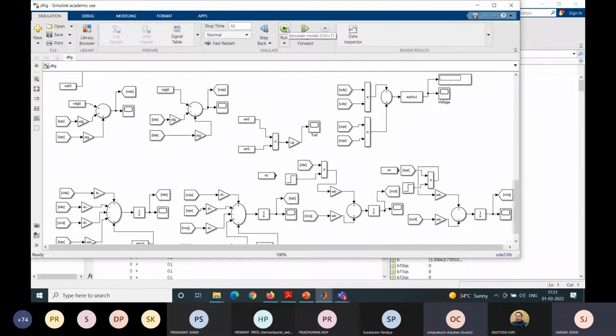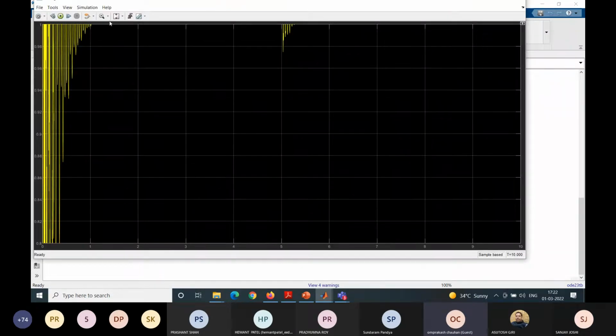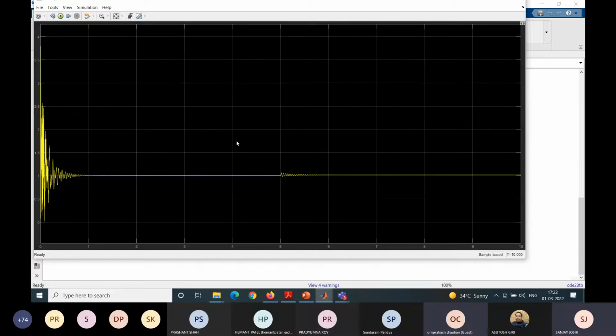So the case which we have run is a stable case. Can you see that this case is stable? Yes, sir. Yeah, fine.